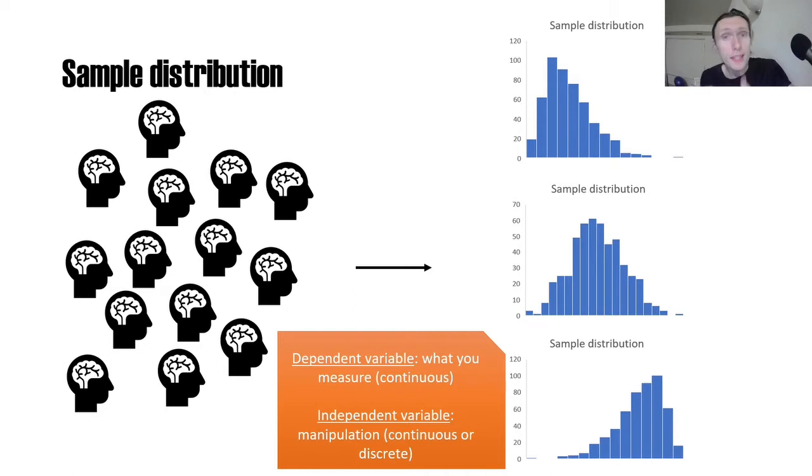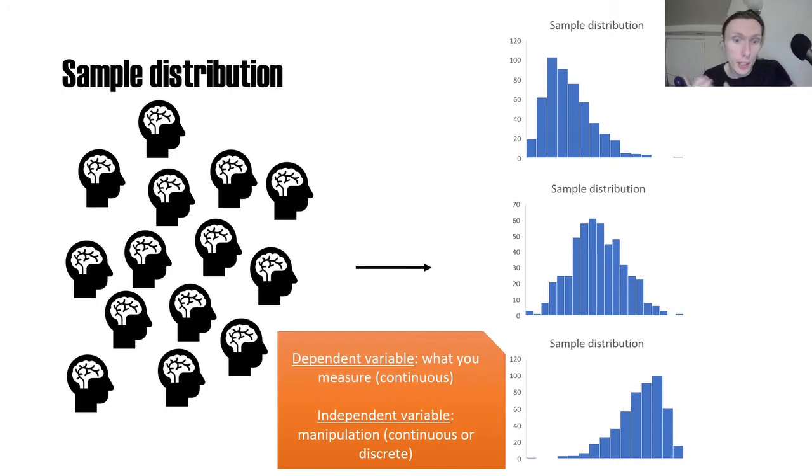But of course, our independent variable can also be continuous. For example, we could look at the relationship between height and IQ score. Now, I don't think that we would find any significant findings there, but in this case you would look at, okay, if height changes, does also your IQ change?